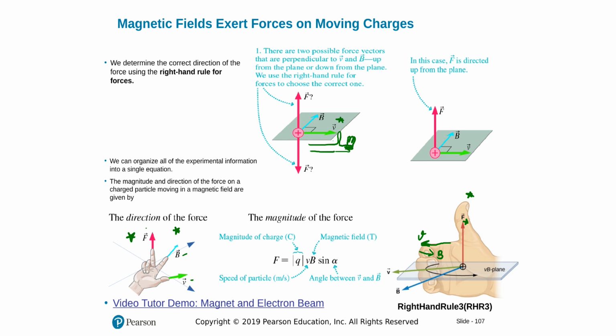This is a quite bad drawing, but I hope you guys got the idea. So here's my hand. Here is how my fingers roll towards the magnetic field. My hand is along the speed. This is even worse than the previous one. And my thumb shows the direction of force.